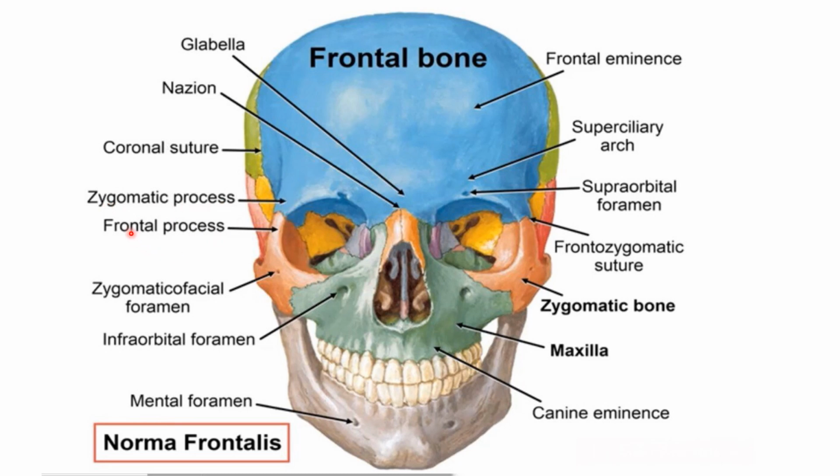This is the frontal process of the zygomatic bone. This is the coronal suture. Then we said that the nasion is a depression just in front of the nasal bone, and between the two superciliary arches we have an elevation called the glabella.